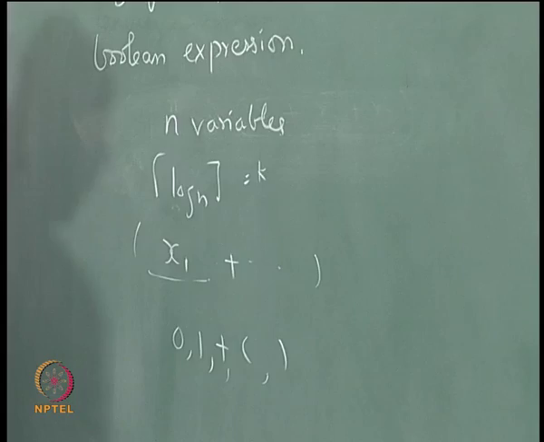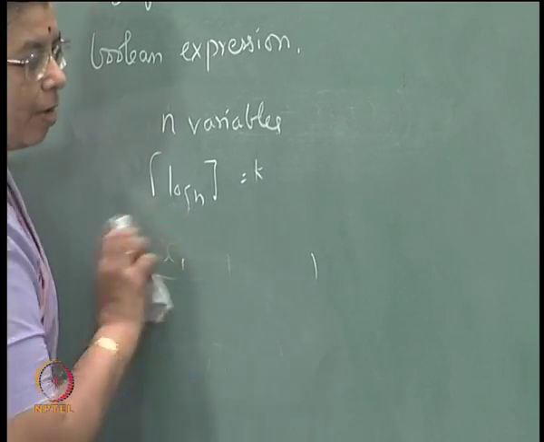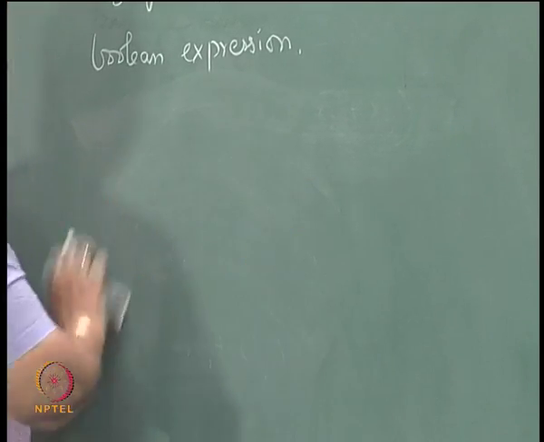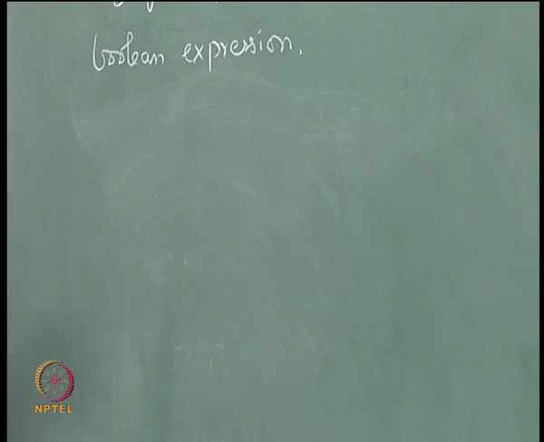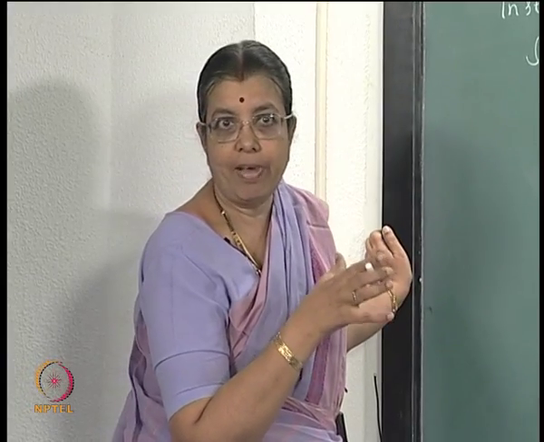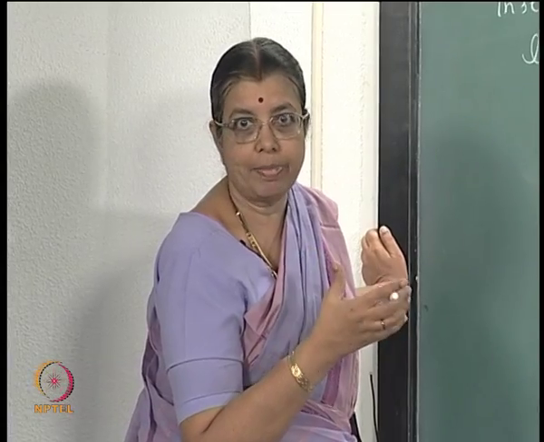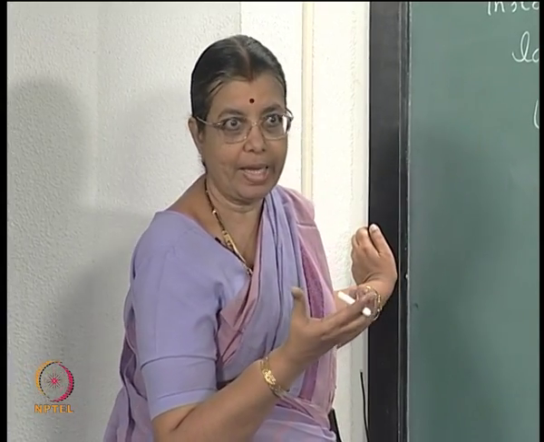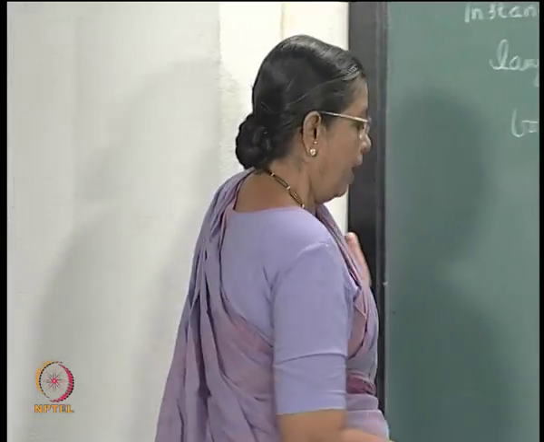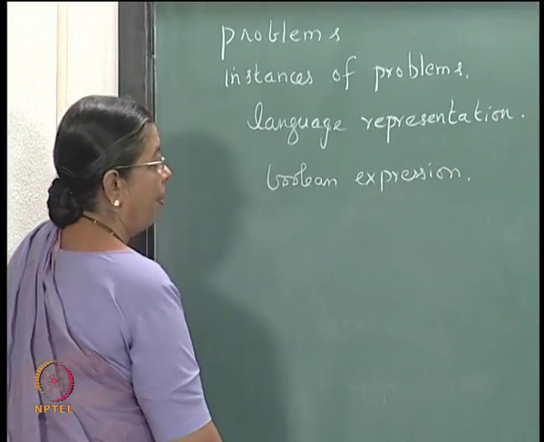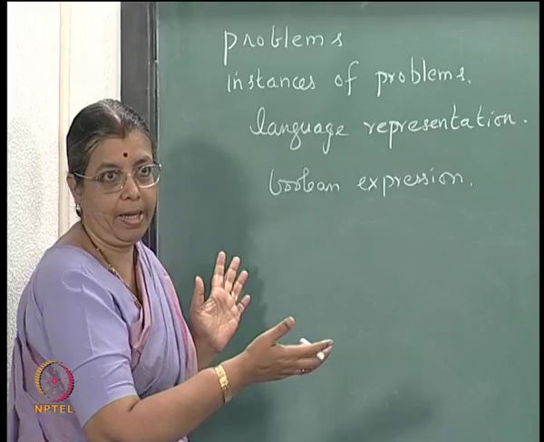With these symbols you can write a string, and you can have a Turing machine which will accept those strings which evaluate to 1 and which will not accept those strings which evaluate to 0. Like that you can have a Turing machine. So, this is a decidable problem, but as a language accepted.